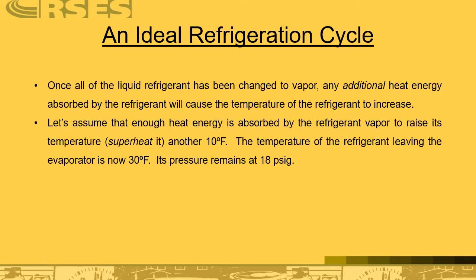Once all the liquid has been changed to vapor, any additional heat energy absorbed by the refrigerant will cause the temperature of the refrigerant to increase. Let's assume that enough heat energy is absorbed by the refrigerant vapor to raise its temperature, or superheat it, another 10 degrees Fahrenheit. The temperature of the refrigerant leaving the evaporator is now 30 degrees Fahrenheit. The pressure remains at 18 psig.